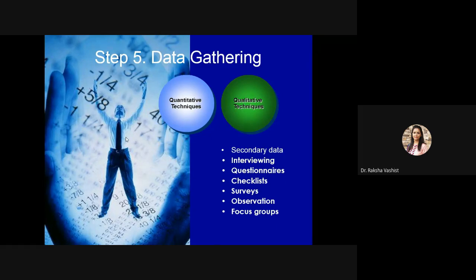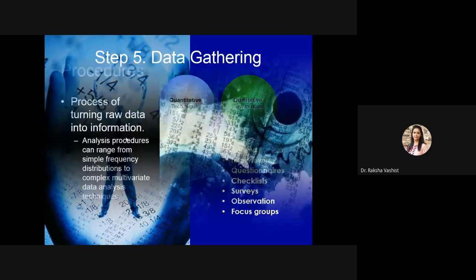In the definition of research methodology, the second ingredient was collection of data, right? Data gathering is related to collection of data from secondary sources as well as primary sources. These two sources are used in research. We can gather the data through interviews, questionnaires, checklists, surveys, observations, focus groups, right?